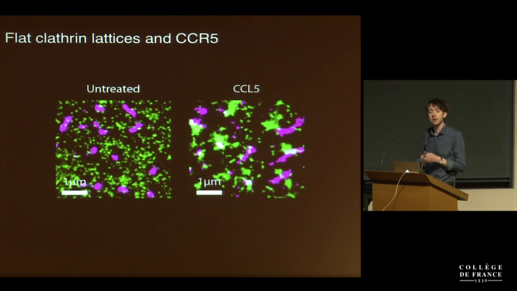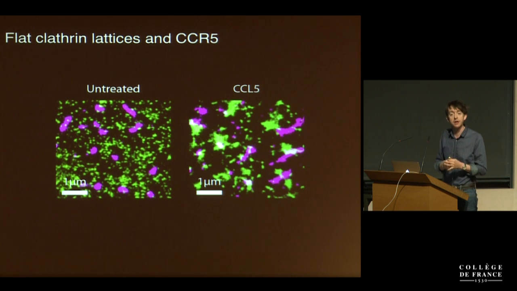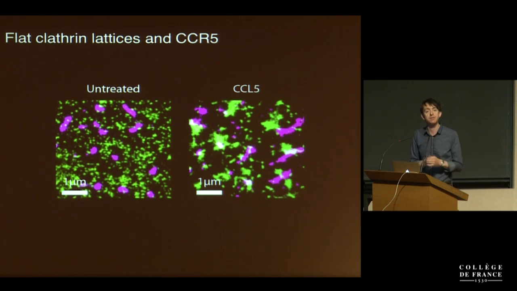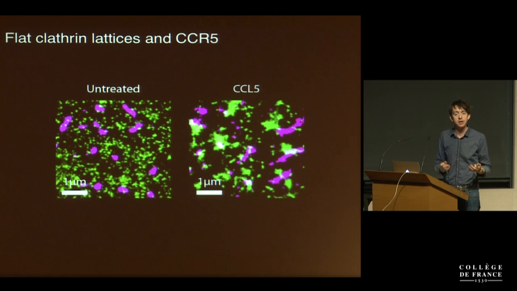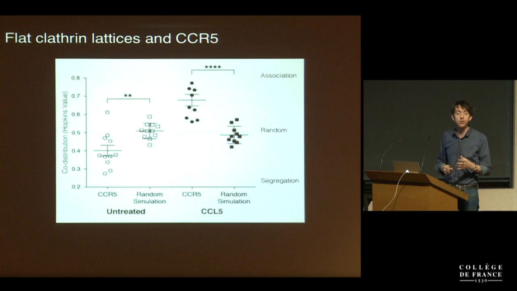However, upon treatment, we see a distinct clustering of CCR5 in and around these clathrin structures. One of the many benefits of localization microscopy is the way that it provides data. So we have point coordinates that represent the molecular localizations of these receptors, and these are amenable to spatial statistics analysis. And I performed Hopkins analysis on this.